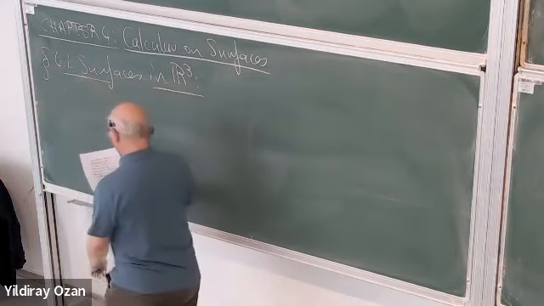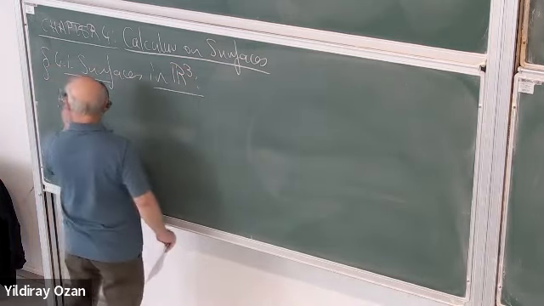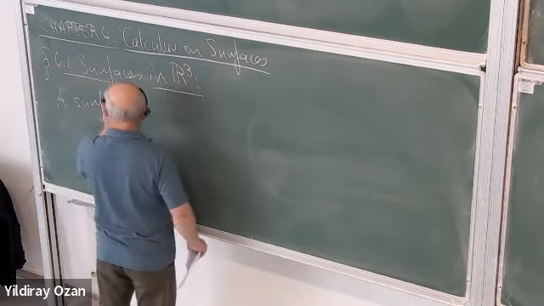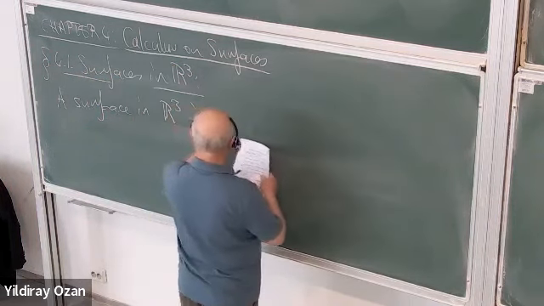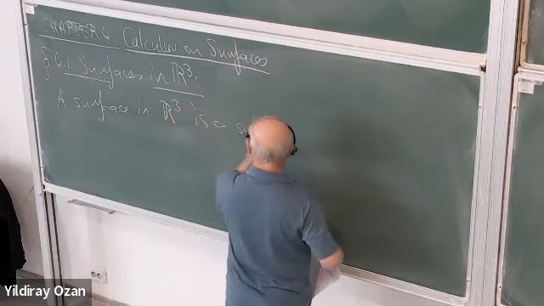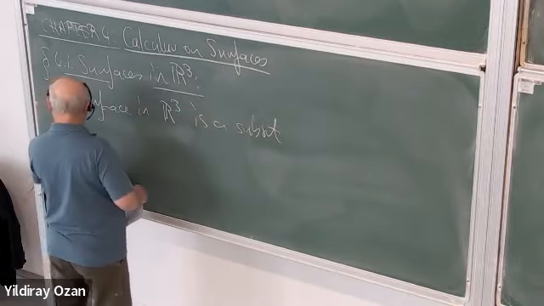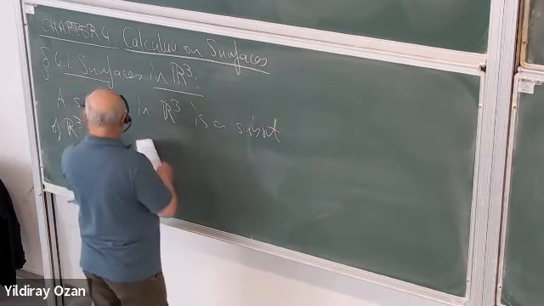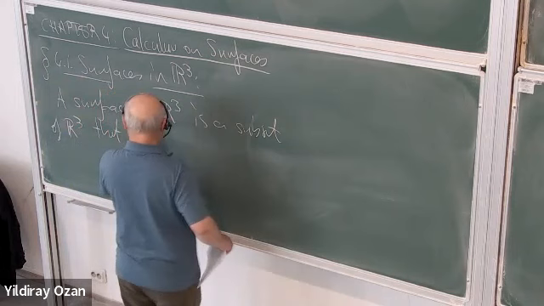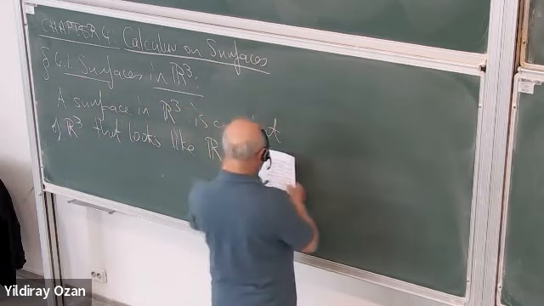So what's a surface in R3? A surface in R3 is a subset of R3 that looks like R2 locally.